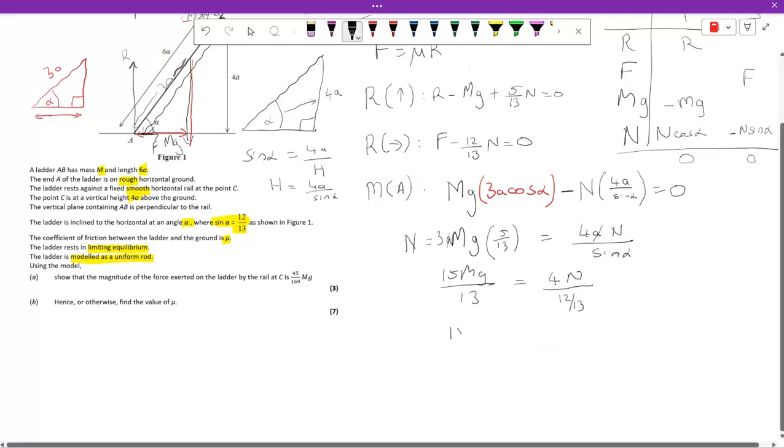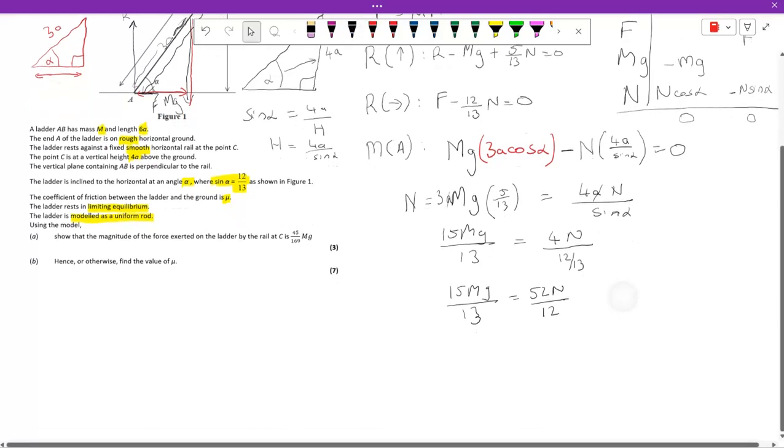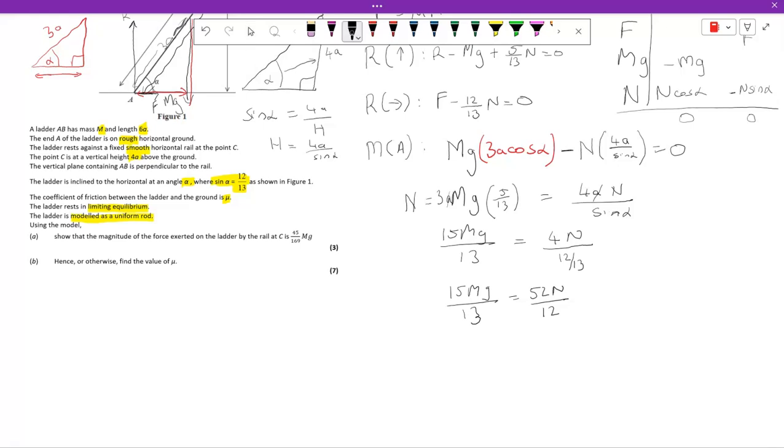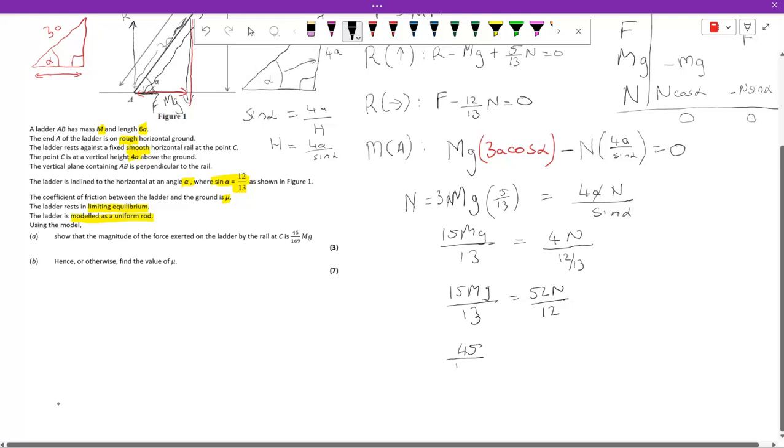So let's rearrange this. If I take the 12 over and divide by 52, so times by 12, divide by 52, that gives me 45 over 169 mg, which is what I wanted to show. So I've done that, that's equal to N.